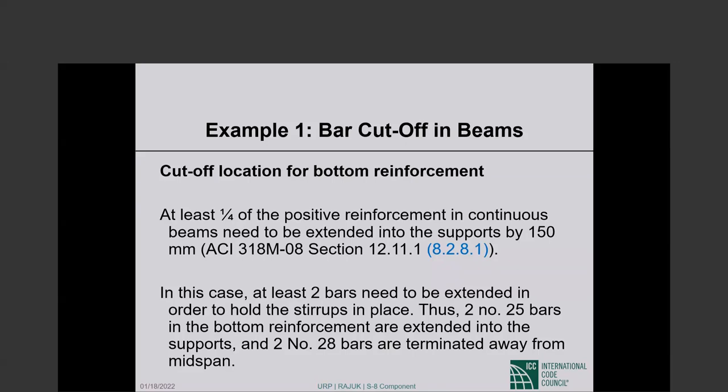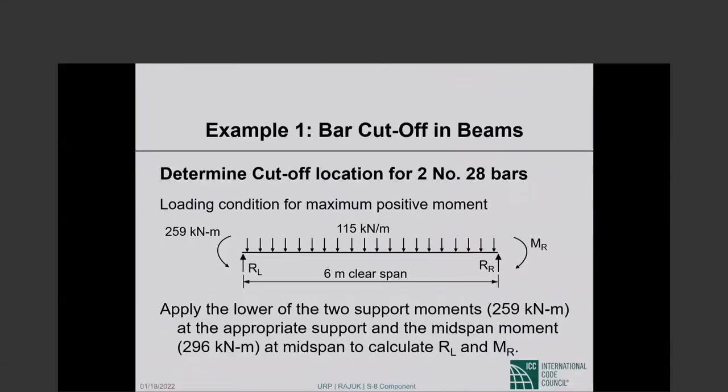2 number 25 are continued, 2 number 28 are cut off at suitable locations. So determine the cutoff location for the 2 number 28 bars. Loading condition for maximum positive moment. Okay.